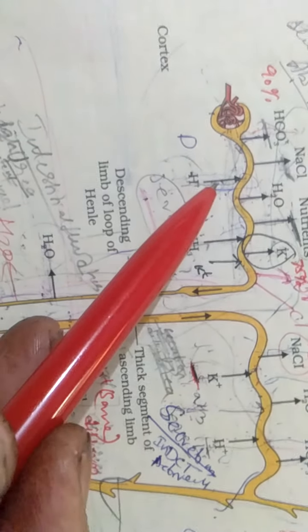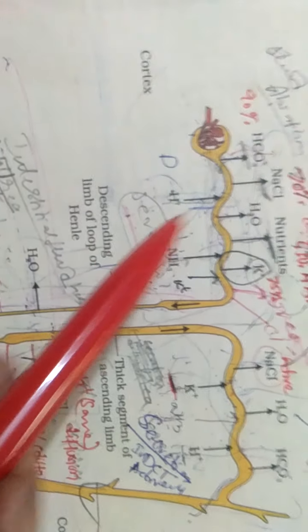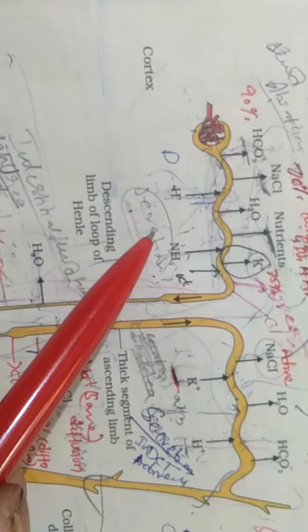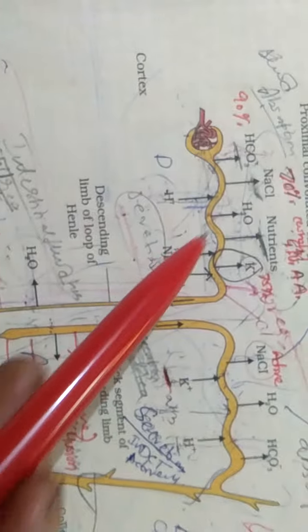Secretion of hydrogen ions, ammonia and potassium ions also takes place. This is tubular secretion from the peritubular blood to the nephric filtrate. Here the secretion is also taking place. This is the function of the PCT.